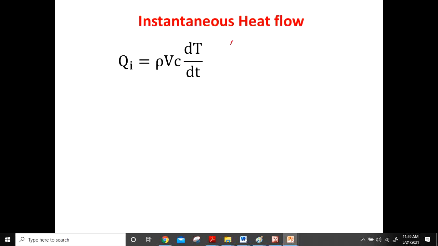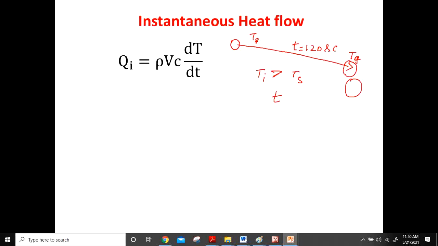Instantaneous means, suppose the body is reducing in temperature and passes through 120 seconds. If it needs to reduce from the initial temperature to the final temperature, where Ti is greater than the source temperature T, then it passes through some amount of time, t equal to 120 seconds.